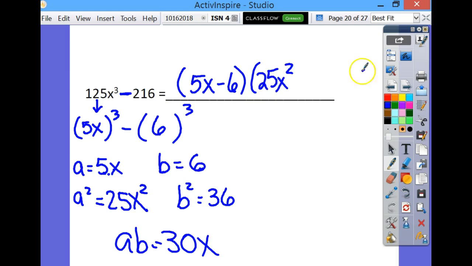A squared at the front, b squared at the back, a, b in the middle. Check and make sure I have the right signs. Is this supposed to be a negative sign first and then a positive sign? Because the only difference in the two formulas are these signs right here.